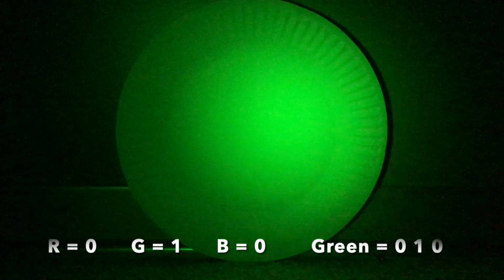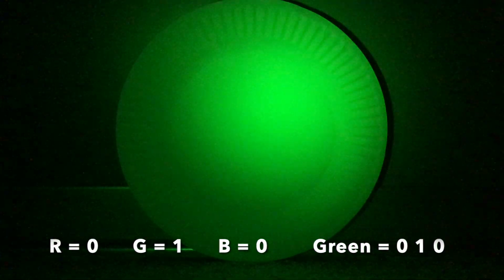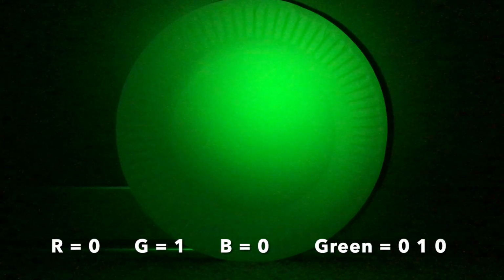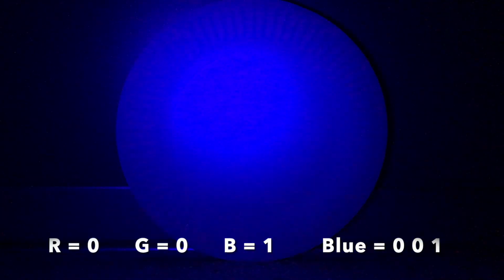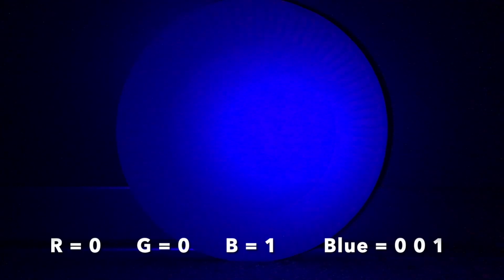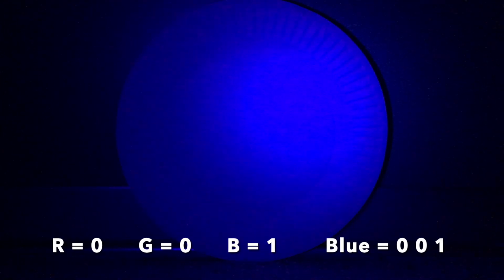If I wanted green, I would turn on just the middle one, and that would be 0, 1, 0, because neither the red nor the blue are on. If I wanted blue, I would just turn on the blue light, and that would be 0, 0, 1.